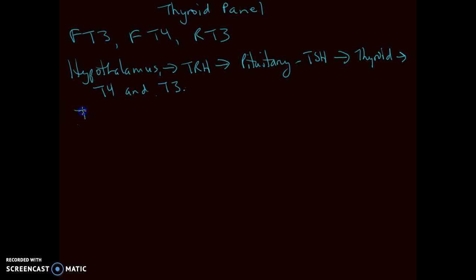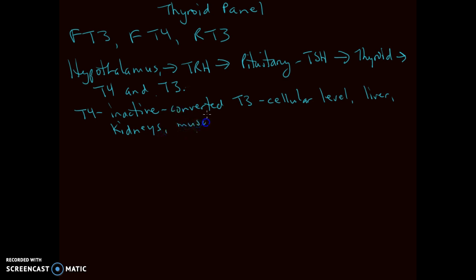We remember that T4 is the inactive form of the hormone. It's not usable by the body in this state. So it has to be converted into T3, and this occurs at the cellular level, mostly in the liver, the kidneys, and the muscles, although it does occur in other cells and tissues as well.